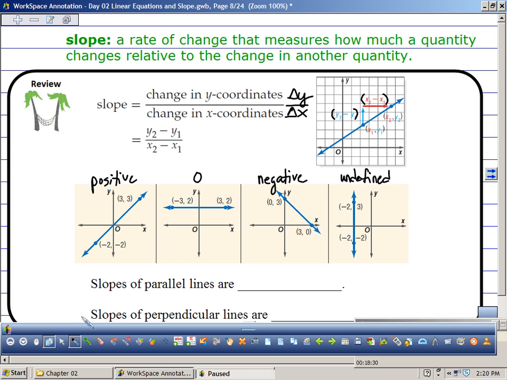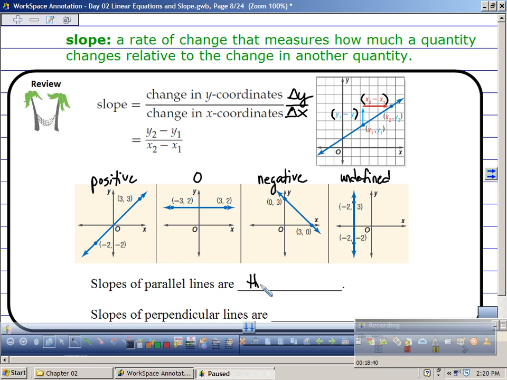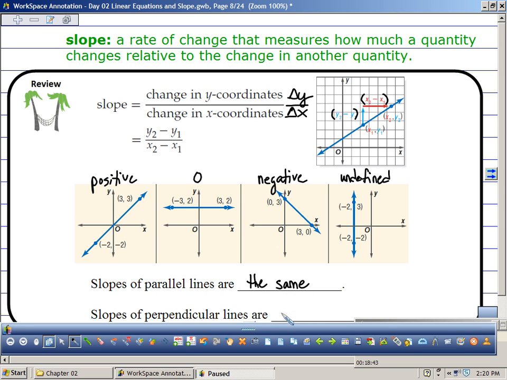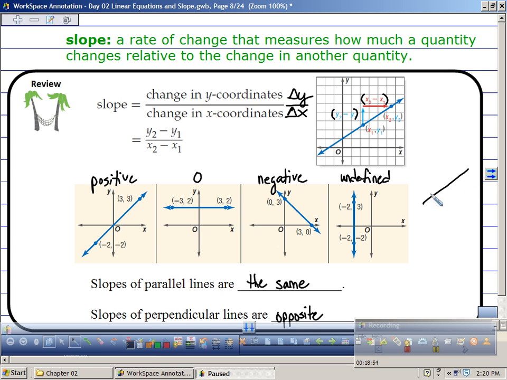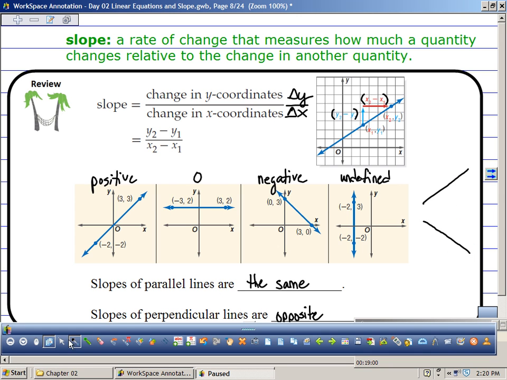Okay. Slopes of parallel lines. Think of two parallel lines. What do we know about their slopes? They're the same. Slopes of perpendicular lines are opposite reciprocals. If I had a line like this, and I drew it with that same pitch in the opposite direction, it would not make it perpendicular.